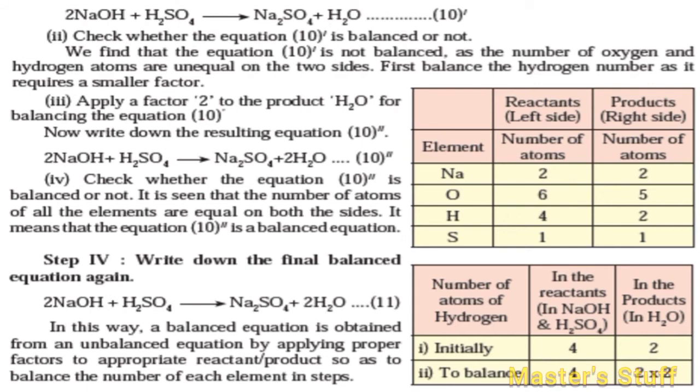In this way, a balanced equation is obtained from an unbalanced equation by applying proper factors to appropriate reactant or product so as to balance the number of each element in steps. Thus, by following the steps from 1 to 4, we can obtain a balanced equation from the unbalanced equation easily. So remember these steps carefully.